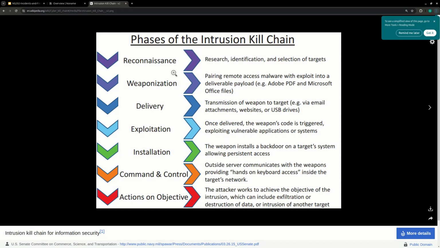If you pay attention, the very first phase is called reconnaissance. It is the phase where an attacker or a potential attacker will attempt to research, identify, and select targets. Pretty much tries to learn about your ecosystem and find vulnerabilities. That's what an attacker is going to do.